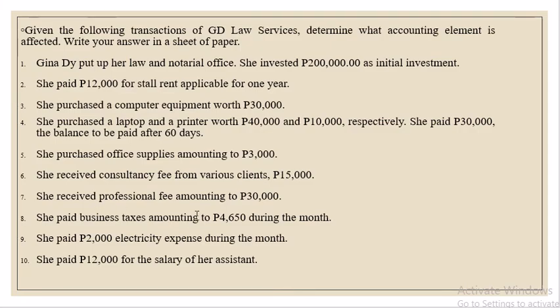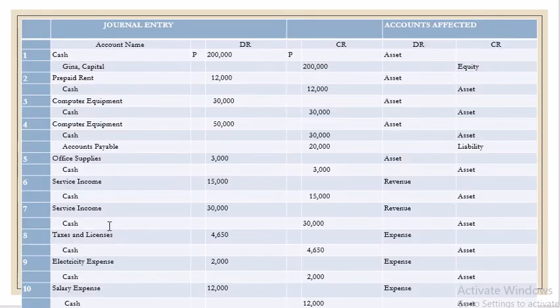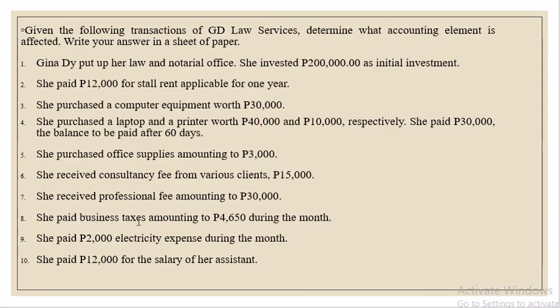So, she received a consultancy sorry. Let's go back to 7. Service fee income. Okay. She received consultancy fee from client. She received professional fee amounting to 30,000. Nakatanggap siya ng fee. So, cash din yun.